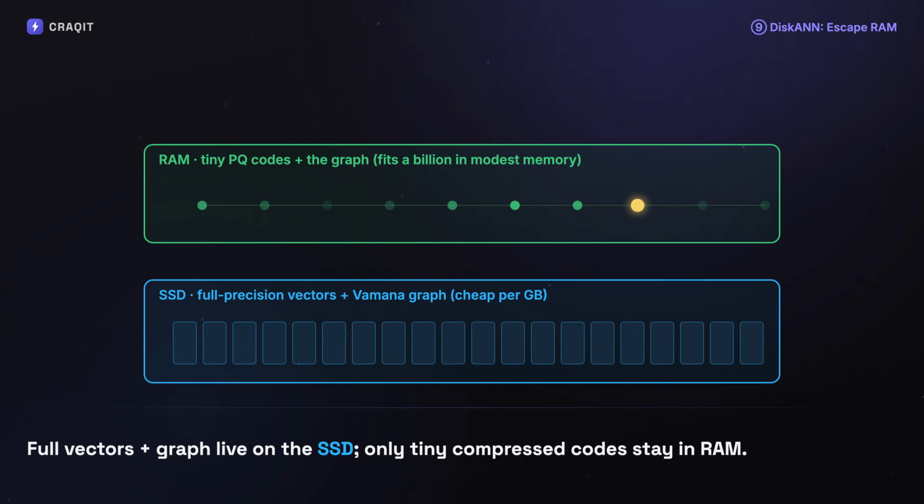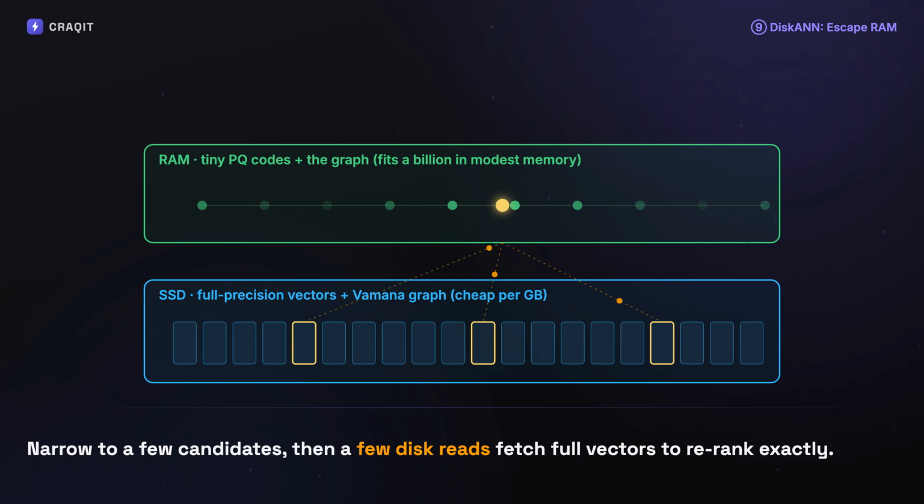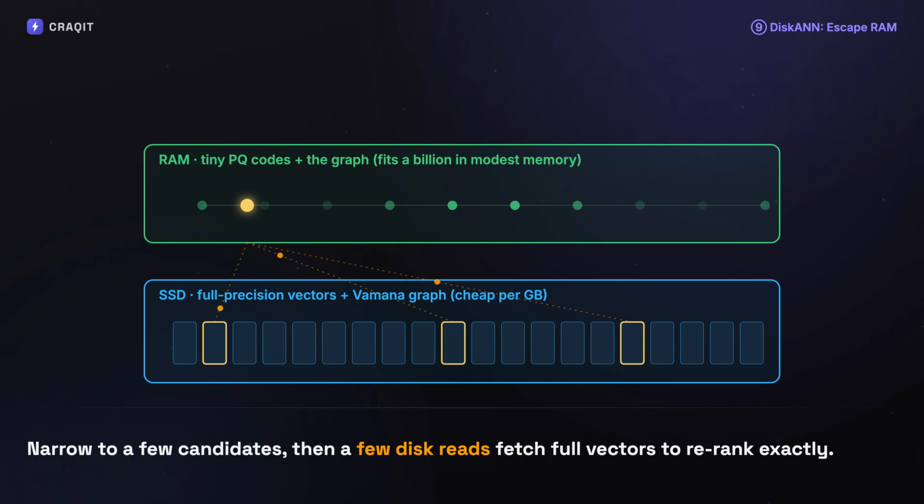The search walks the Vamana graph, using the compressed vectors in RAM for its distance comparisons, cheap, fast, no disk hit for the navigation. And only when it has narrowed to the top handful of candidates does it do a few precise disk reads to fetch their full vectors and re-rank exactly. Same pattern as the last chapter: rough fast, then precise slow.